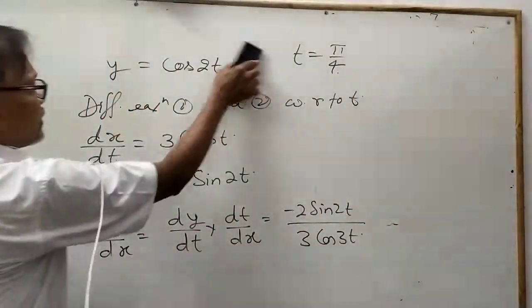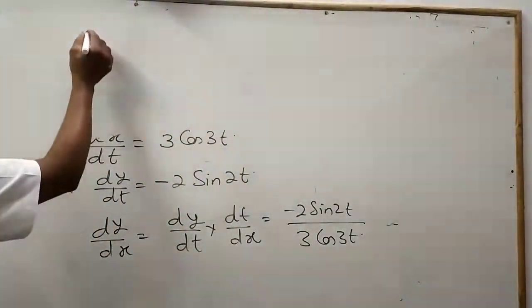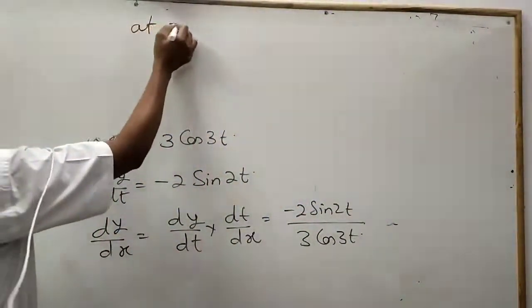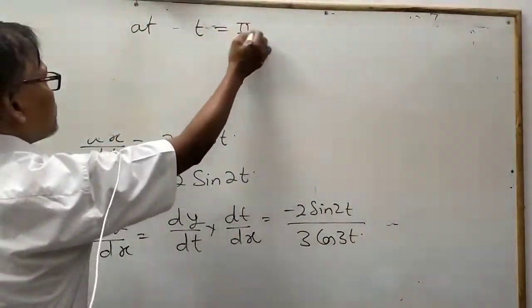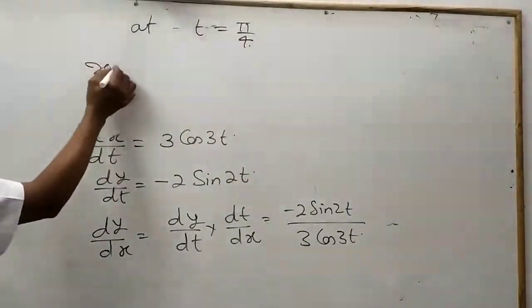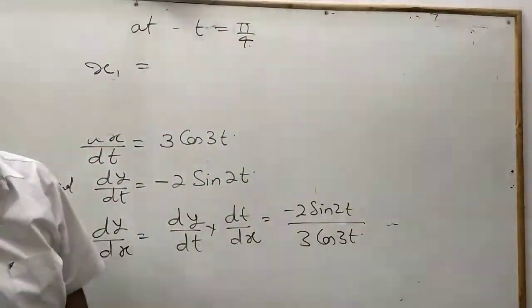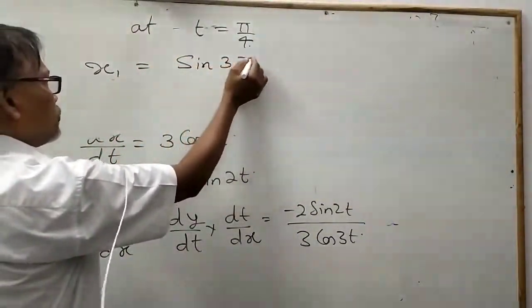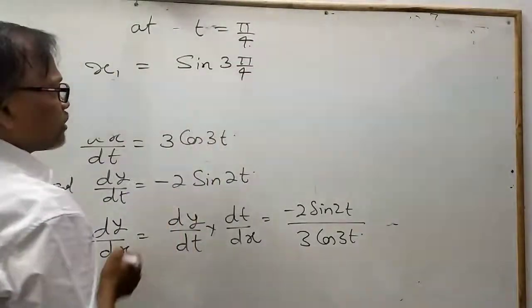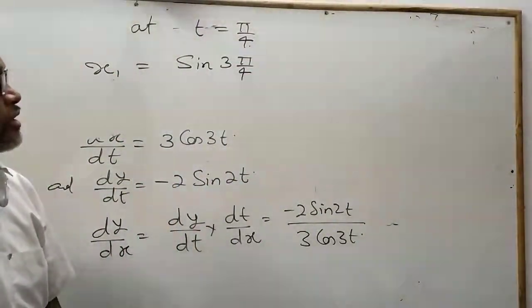So on putting t is equal to pi by 4, x1 is equal to, it is the sine 3t, so sine 3 into pi by 4. And what is the sine 3 pi by 4? 135.